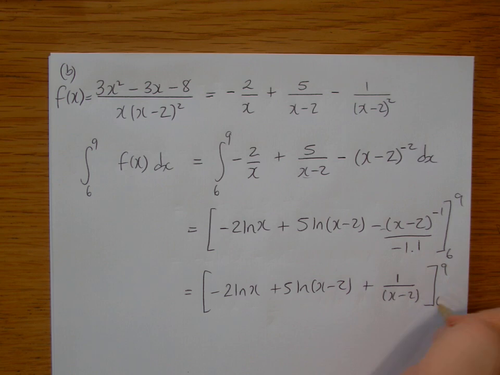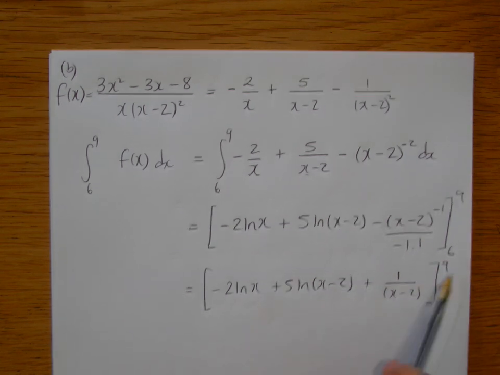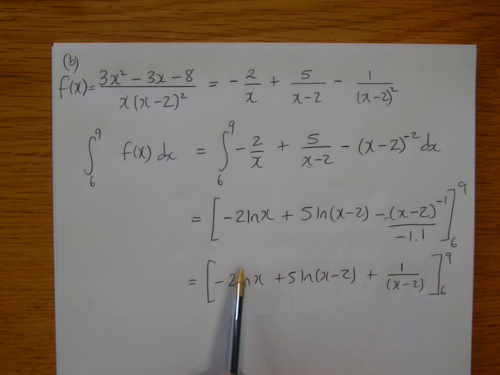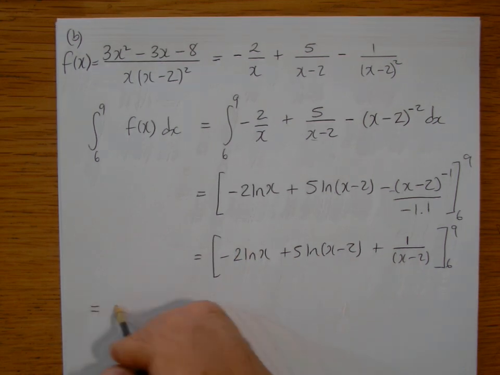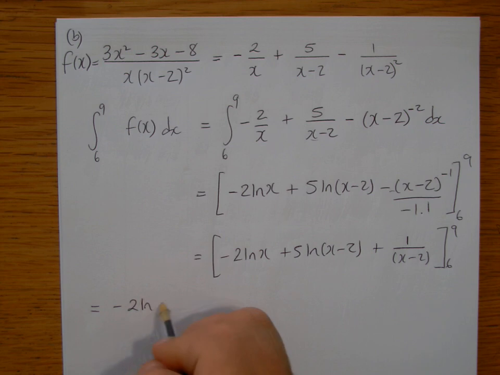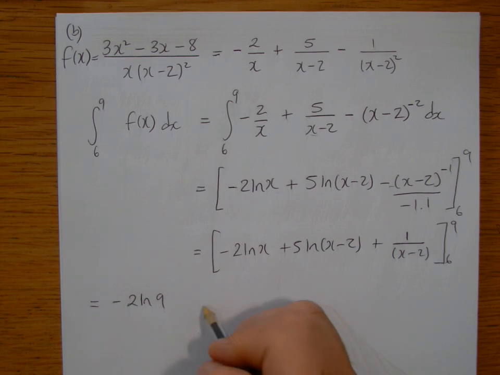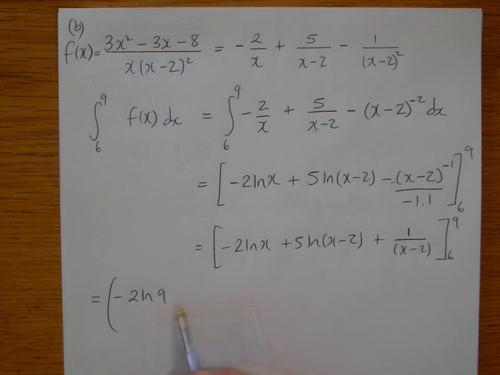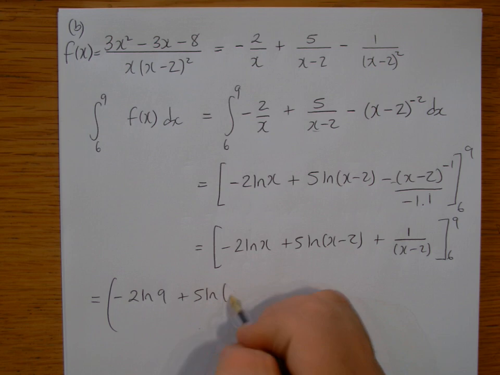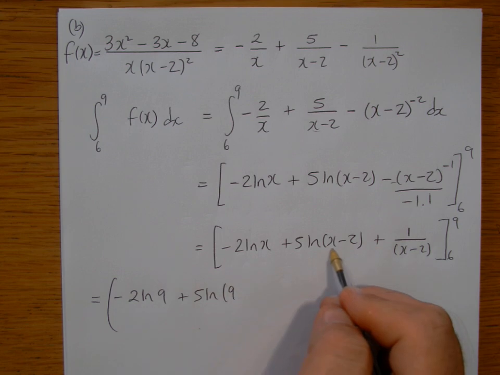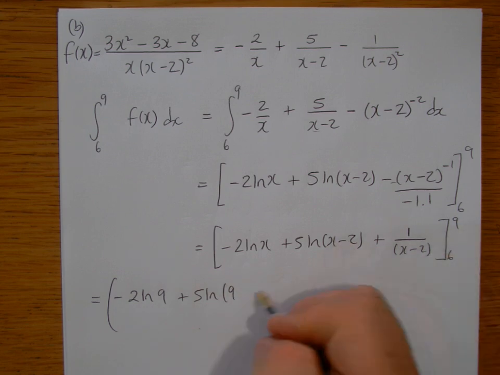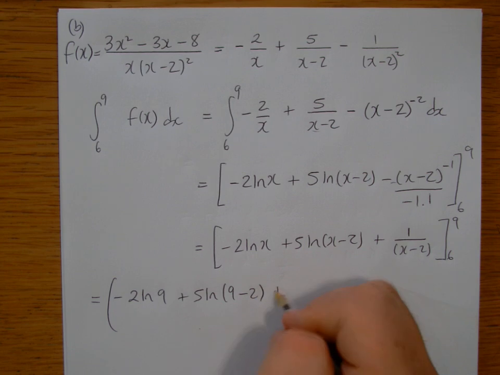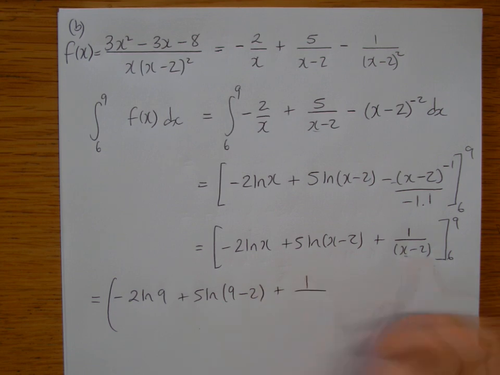So we put the limits in. You put the upper limit in first, which is 9, and you've got to put it in all of these 3 terms. So we're going to have minus 2 ln 9. I tend to put a round bracket when I do the upper limit first, plus 5 ln, if I put 9 in there, 9 take away 2, and then plus 1 over 9 take away 2.